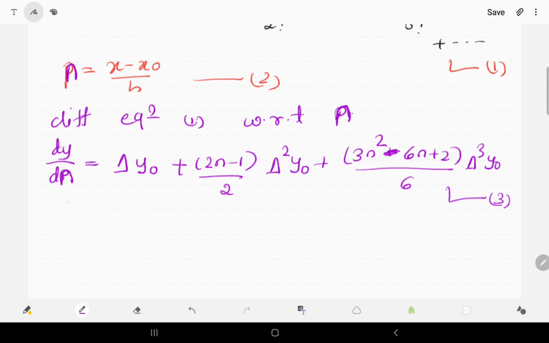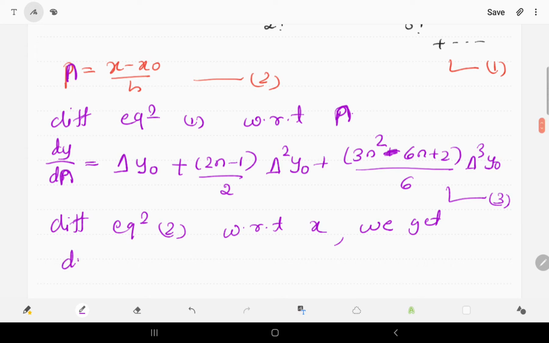Okay, now differentiate equation 2 with respect to x, we get dp by dx is equal to 1 by h.